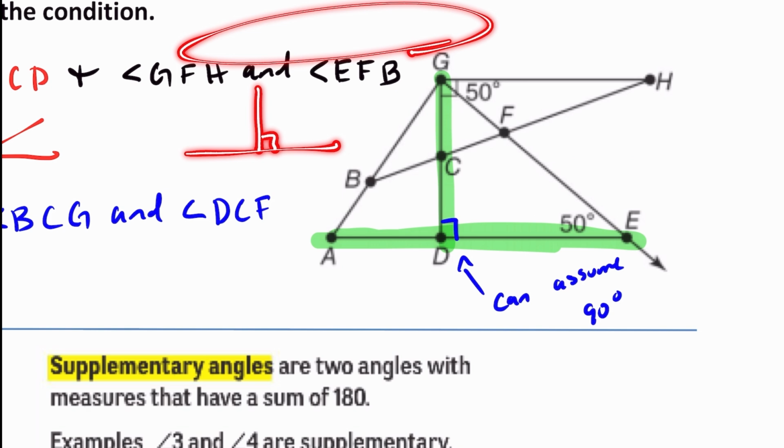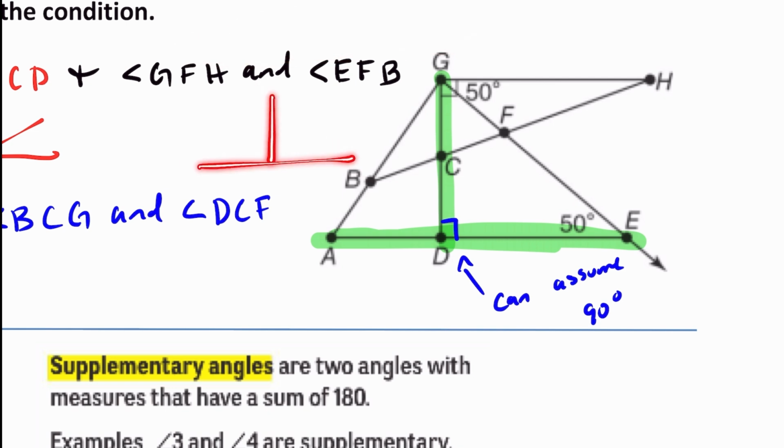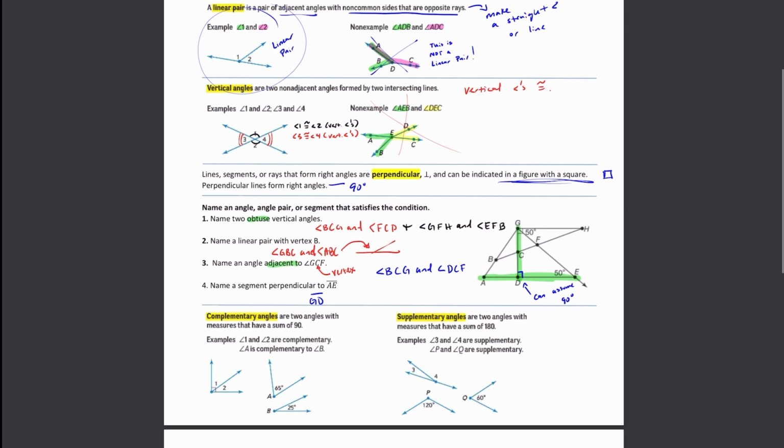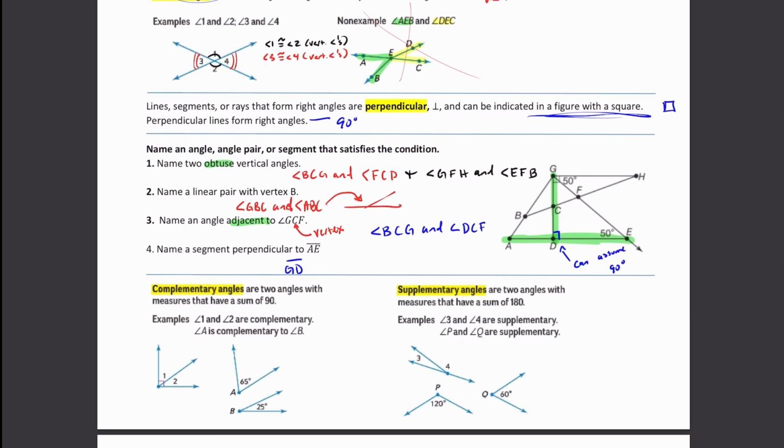So again, if you do not see that mark, that 90-degree angle or that square on the picture, or it doesn't say in the problem itself, you cannot assume that those two segments are perpendicular. So please make sure that you keep that in mind. I would write that on your piece of paper if you have to. All right, so that would be number 1 to 4 for this section of the notes.